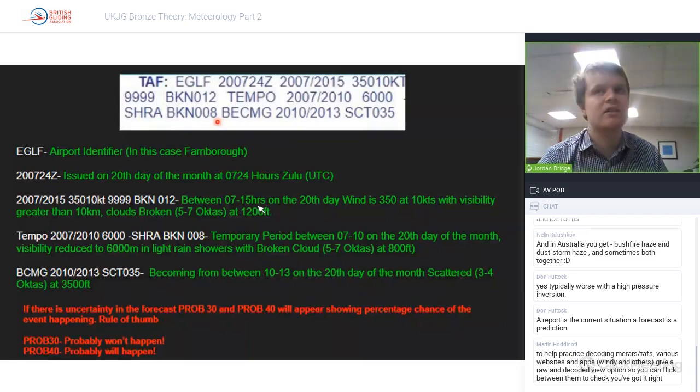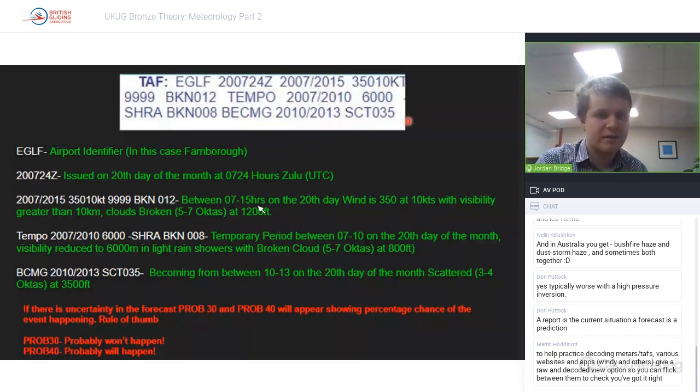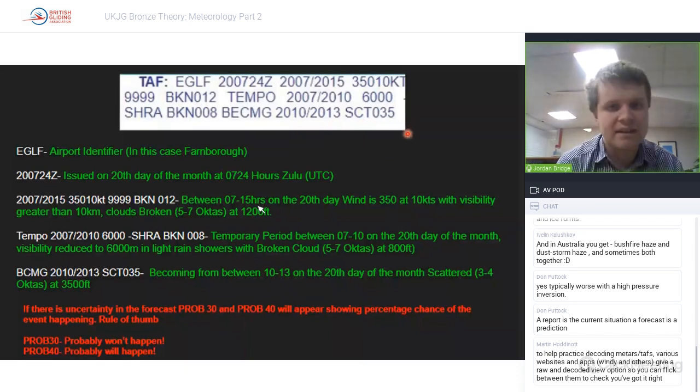A TEMPO means it's almost certain that something at some point this will happen. Whilst it says then becoming later in the day, from 10 o'clock to 13, scattered 3,500 feet. So the becoming bit is the bit you want to look for, because as you can see, this has set a general tone of what's happening, but as you get towards the end of the period, it's showing that things are improving.